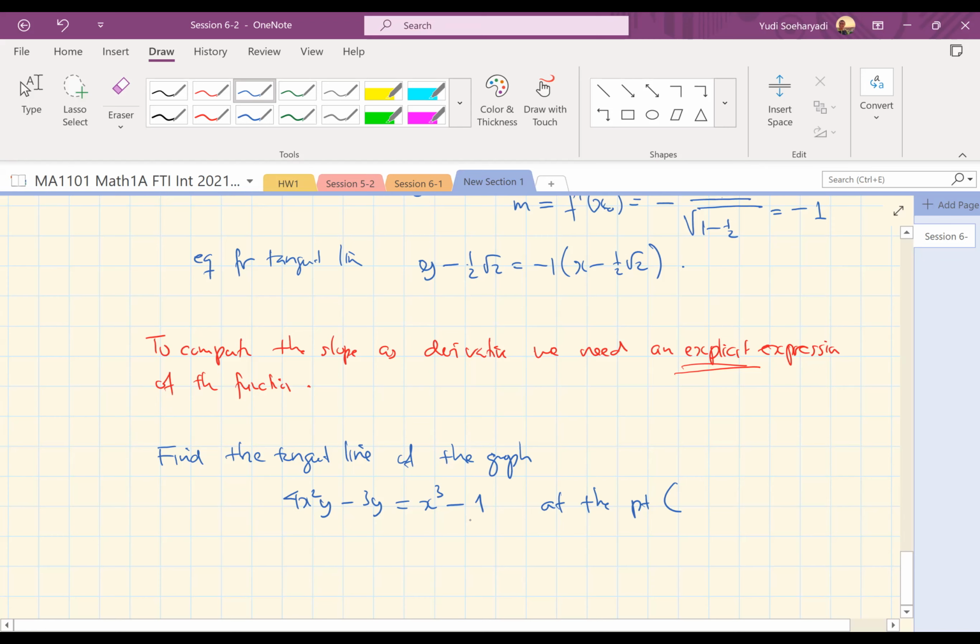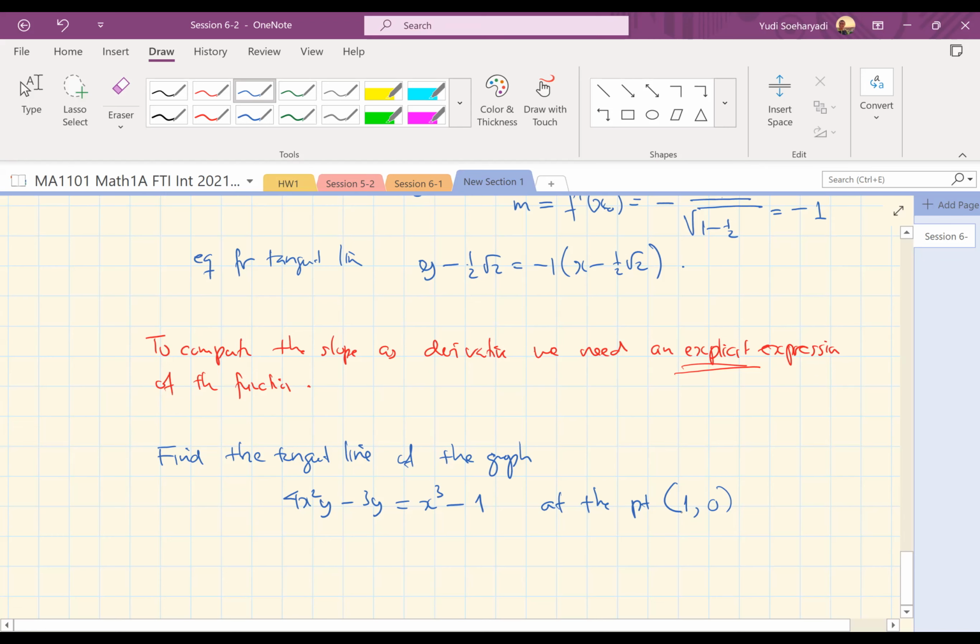Which point satisfies this equation? So if x equals 1, for example, it should give y. This is 4y minus 3y, so y equals 0. That's easy. Okay, so you can plug in (1, 0) here, and that will satisfy the equation.